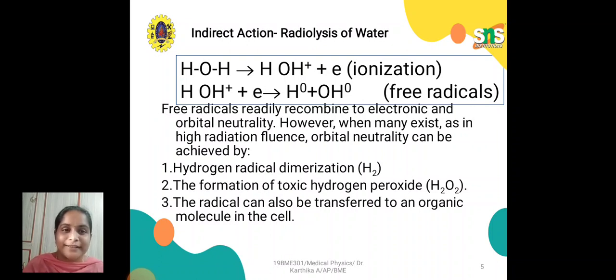Here the free radicals are readily recombined to orbital neutrality. However, when many exist, as in high radiation fluxes, orbital neutrality can be achieved by hydrogen radical dimerization and the formation of toxic hydrogen peroxide. Also, the radical can be transferred to an organic molecule in the cell.